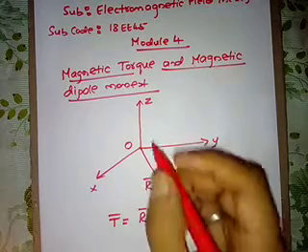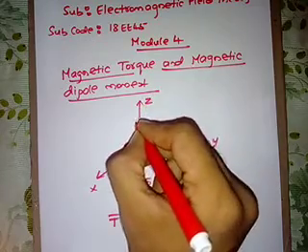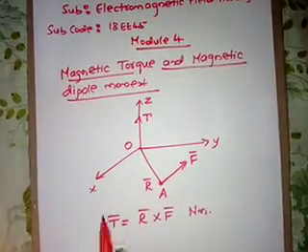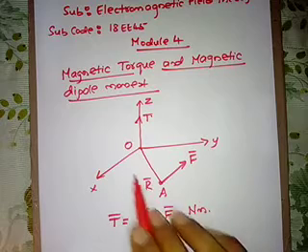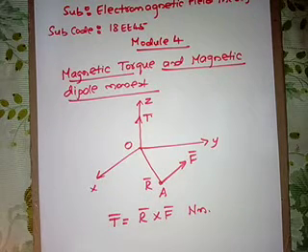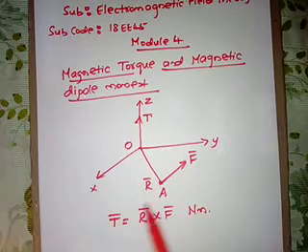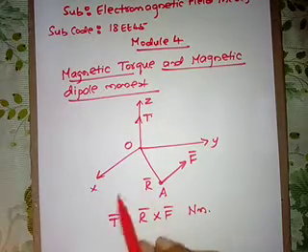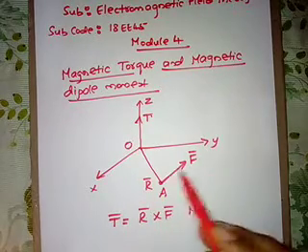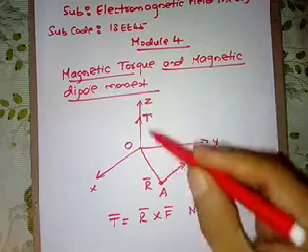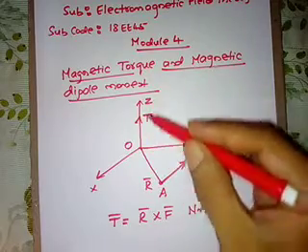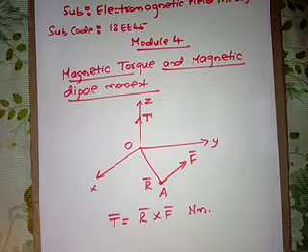The direction of the torque will be perpendicular to both r bar and F bar, that is, perpendicular to the plane containing r bar and F bar. The plane containing r bar and F bar is the XY plane, so the torque acts along the z direction, perpendicular to the XY plane. The magnitude of the torque is equal to the product of r bar and F bar.